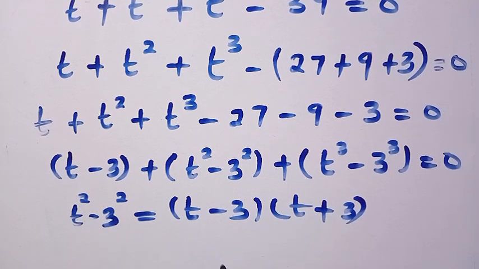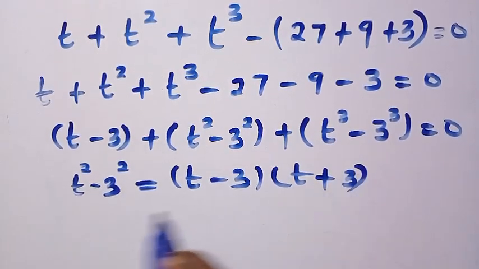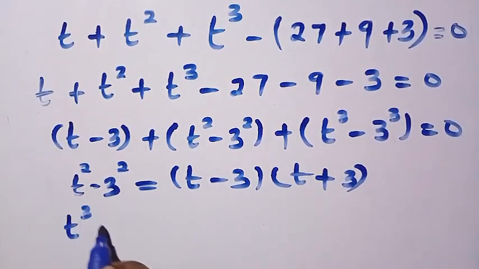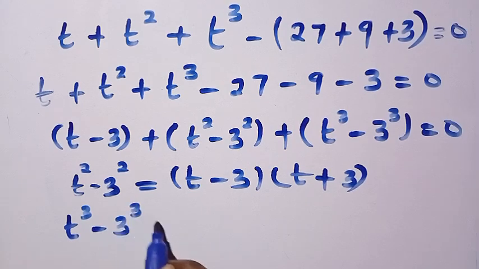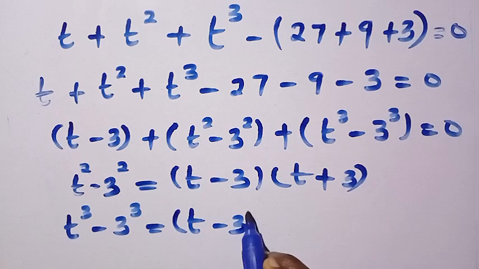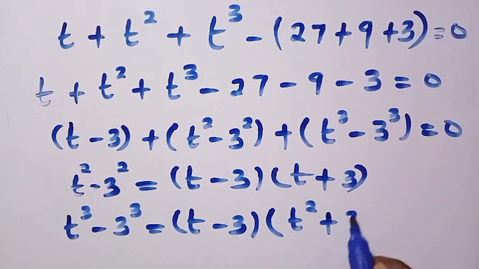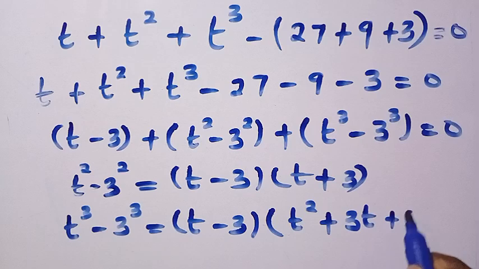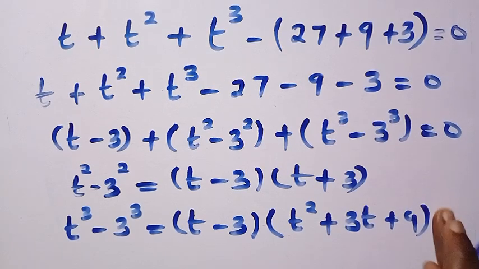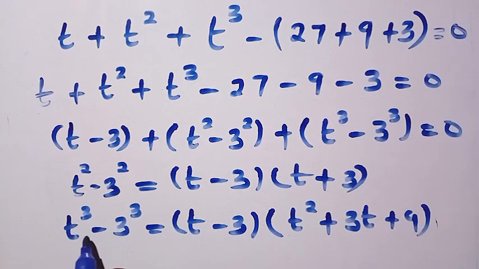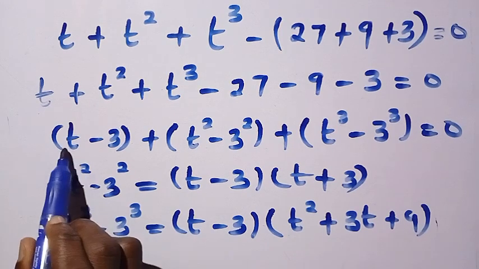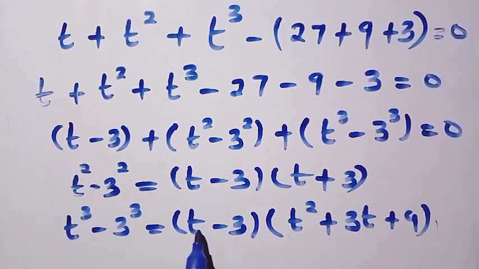We call it difference of two squares. And if we have t raised to power of 3 minus 3 raised to power 3, this gives us t minus 3 multiplied by t raised to power 2 plus 3t plus 9. This is called difference of two cubes. And if you now consider this, here is t minus 3, t minus 3, t minus 3.